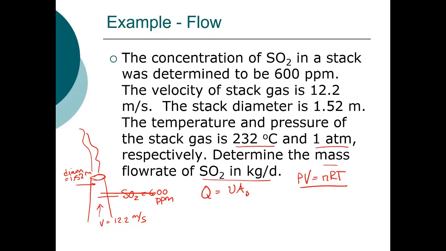It's the velocity times the cross-sectional area. So that is 12.2 meters per second times the cross-sectional area, which is pi times the radius squared. Just divide the diameter by 2 and square it to obtain the radius, and that is 22.1 meters cubed per second.